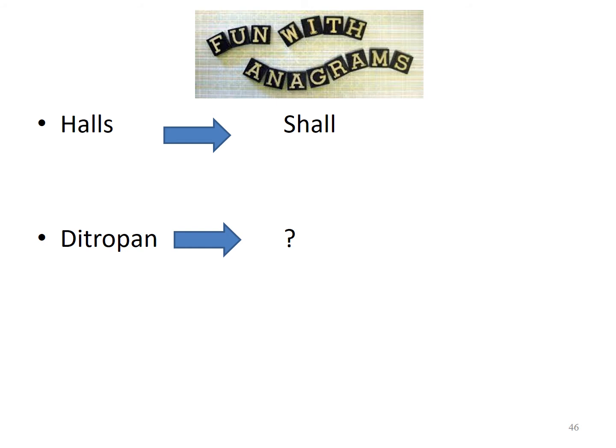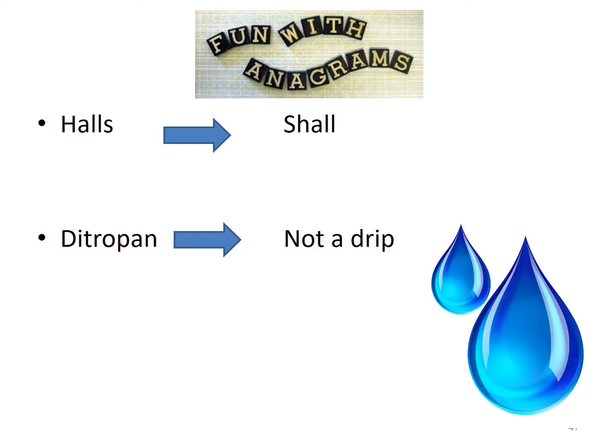And the original medication name for oxybutynin was Ditropan, and this is an anagram, and it stands for not a drip. So that's a little bit of trivia that you likely won't forget, but will probably not show up on any exam. But I bring it up because individuals have these very unrealistic expectations about how these medications work. They actually think that it will lead to not a drip. All of their symptoms will be gone.